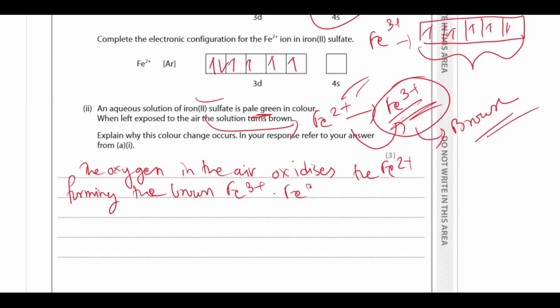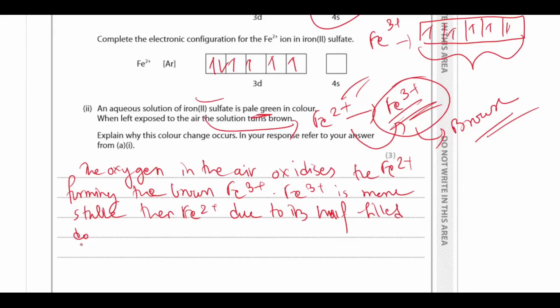Now Fe3+ is more stable than Fe2+ due to its half filled d orbitals within its configuration, making it more favorable to get produced when left exposed to air.